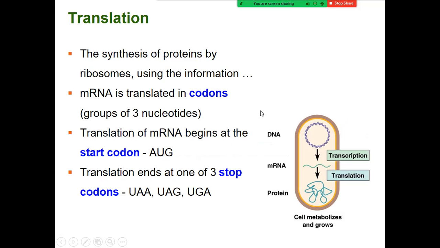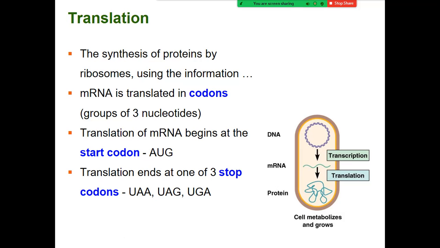Transcription can make tRNA or rRNA if the gene codes for tRNA or rRNA. All of the RNAs, meaning tRNA, rRNA, and messenger RNA, get together to perform translation. Translation is the synthesis of proteins by ribosomes using the information encoded by the messenger RNA.